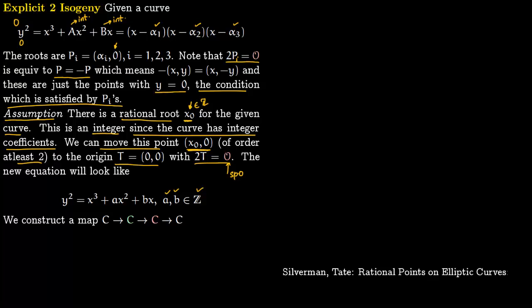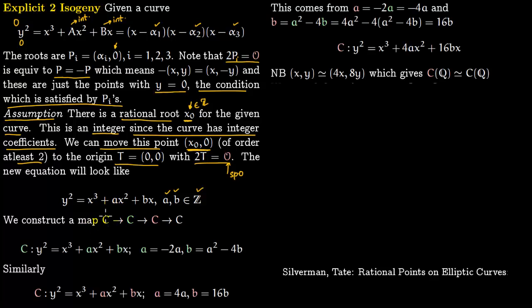Now we come to the story we want to talk about. We want to construct an isogeny from our given curve C to some green curve C, from this elliptic curve to this elliptic curve. Instead of a and b in white, we have a and b in green.